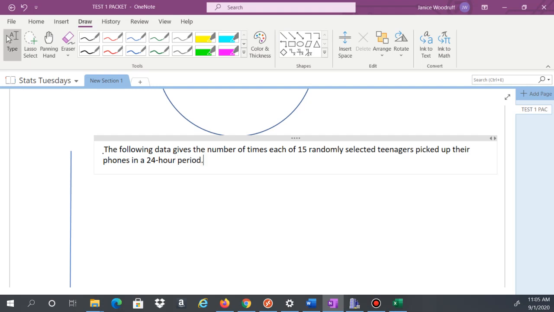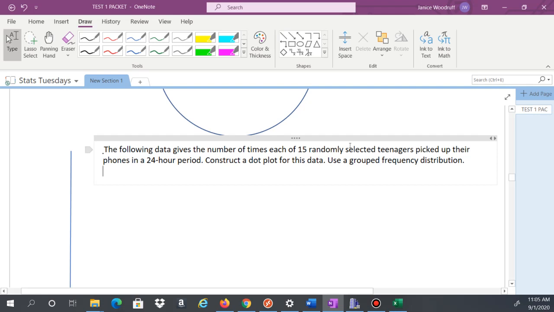It's scary. Construct a dot plot for this data. Use a grouped frequency distribution. So in this one, you're actually creating your own groups. You're going to try and decide what the best group is.